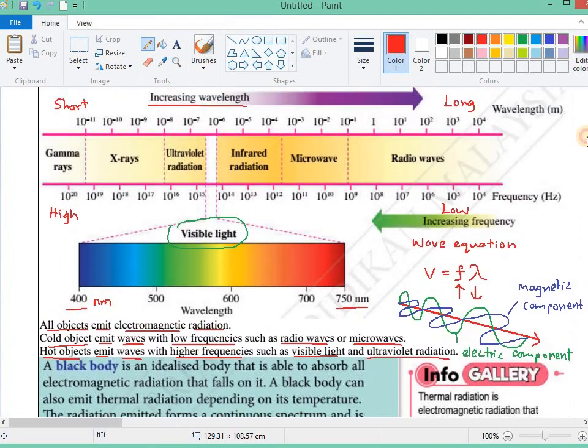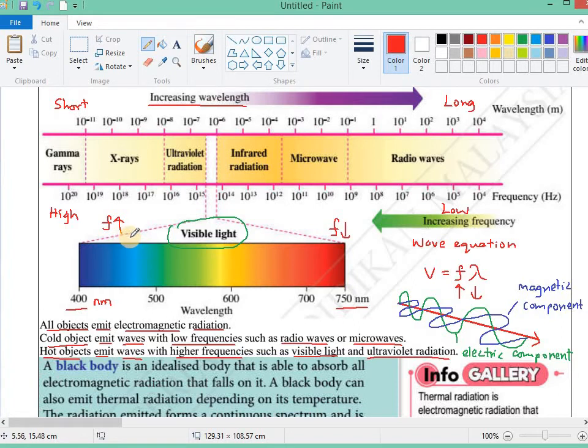But if you look at the electromagnetic spectrum, this one, the red color has lower frequency. That means if the object is lower temperature, it should produce red color. And you see the green color, yellow color have a shorter wavelength, so that means the frequency is higher.